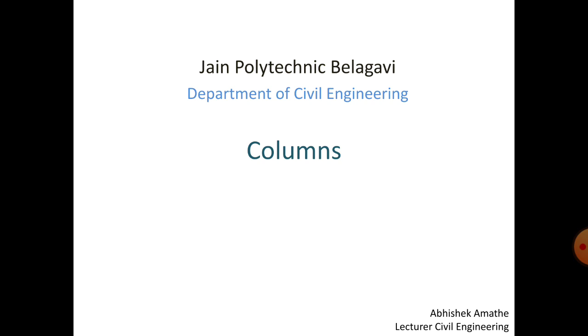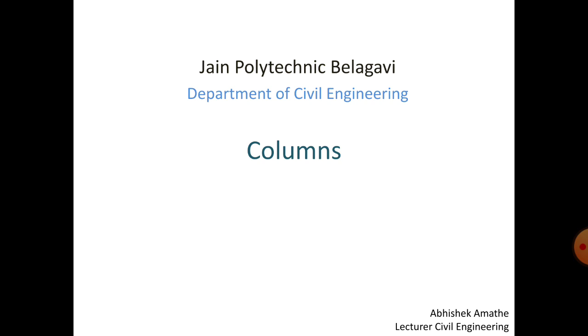So what is a column? Basically, a column is a structural member where a compressive load is applied along its axis. A column is a vertical structural member over which a compressive or axial load is applied. Axial means what?